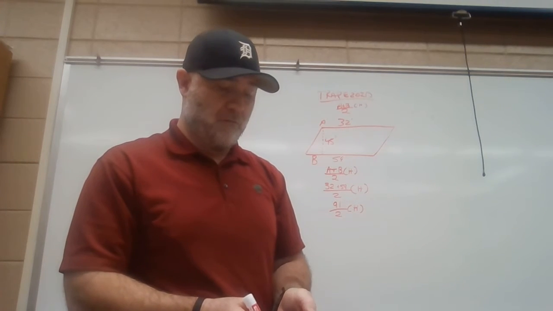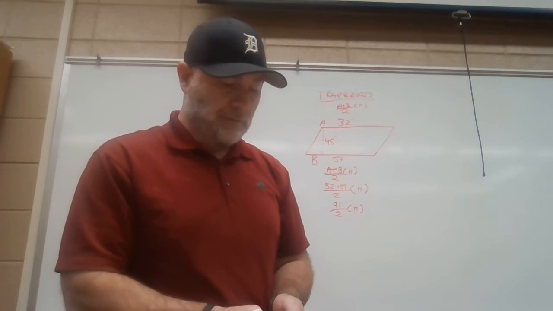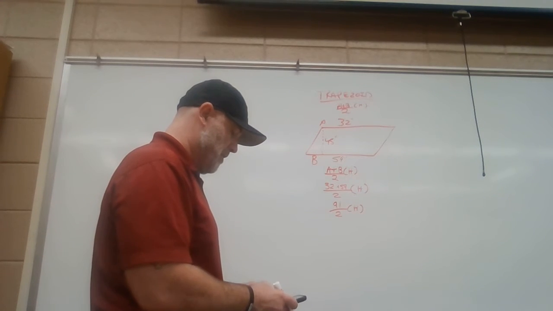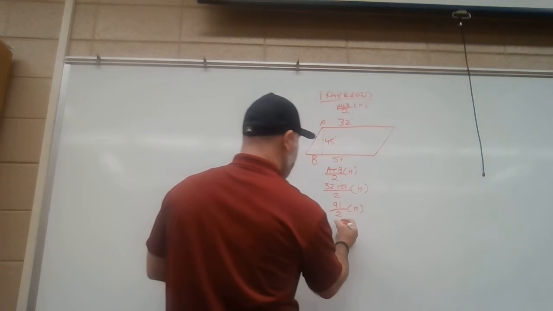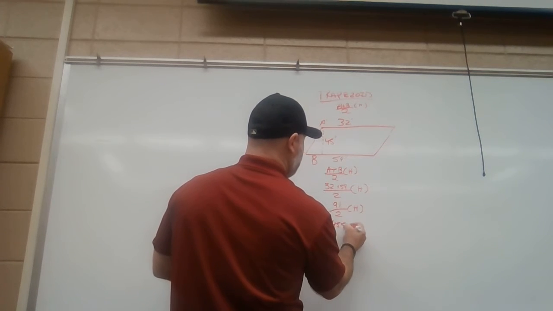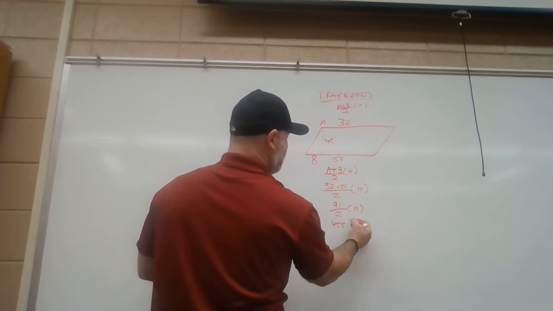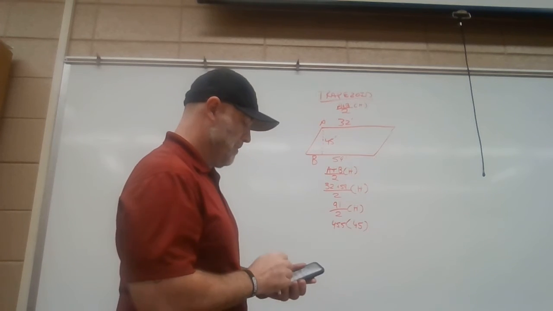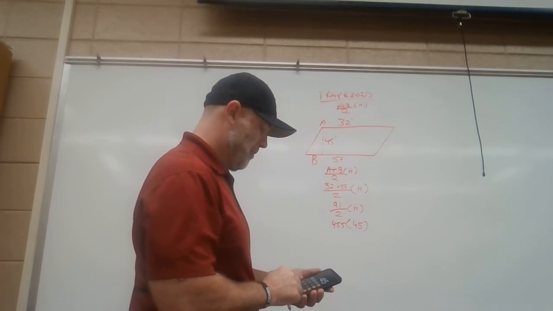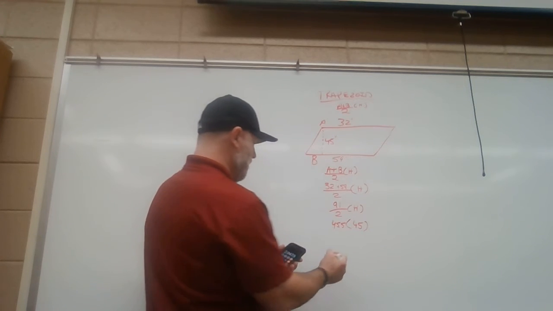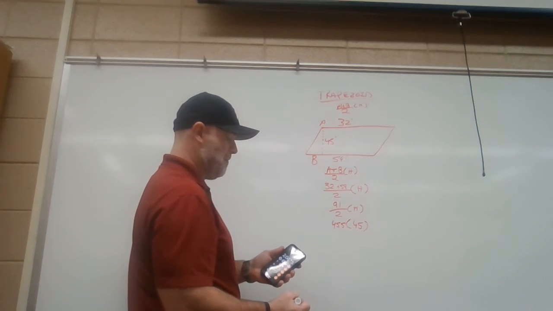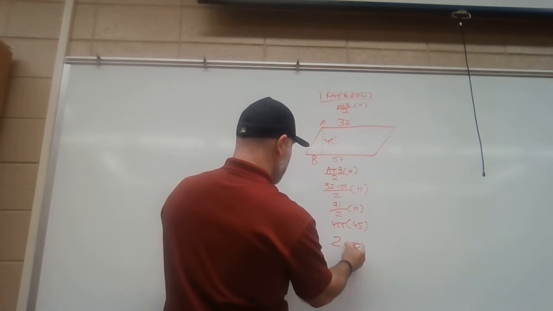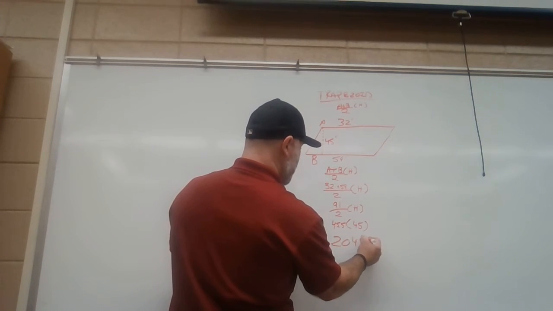I think it's 45.5. 91 divided by 2 equals 45.5. And then there's your height. Multiply those two numbers together. It's 2,047.5, and we'll round up to 2,048.